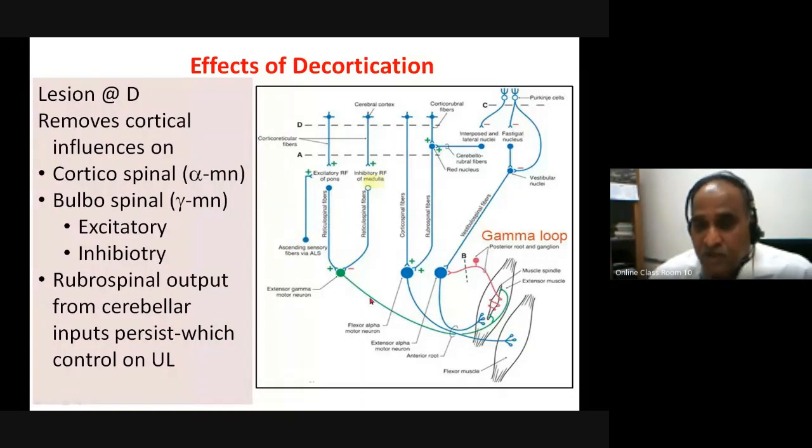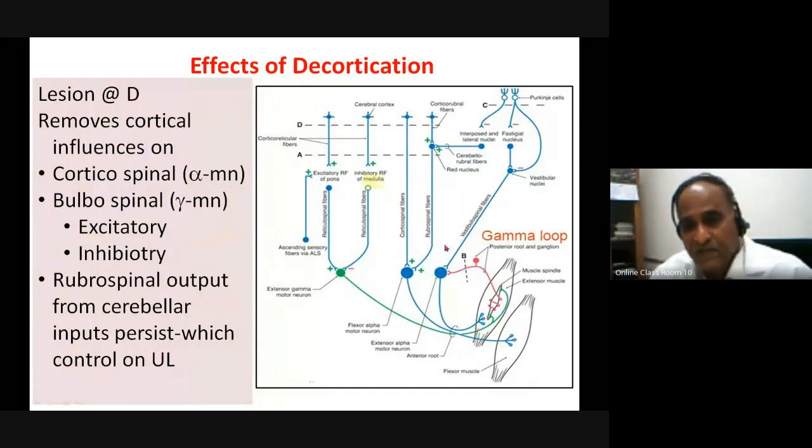Increased muscle tone, increased deep tendon reflexes, upper limb flexor activity: these are the classic pictures of decortication. That's what I have mentioned here. It removes cortical influences on corticospinal and bulbospinal excitatory and inhibitory parts, gamma motor neurons. Rubrospinal output from cerebellar inputs persists, which controls the upper limb.